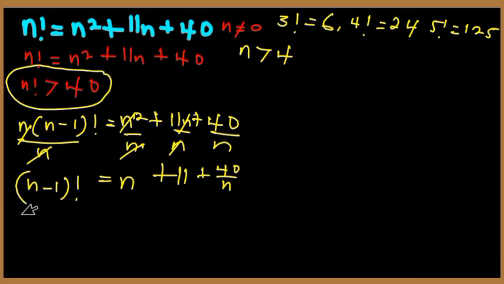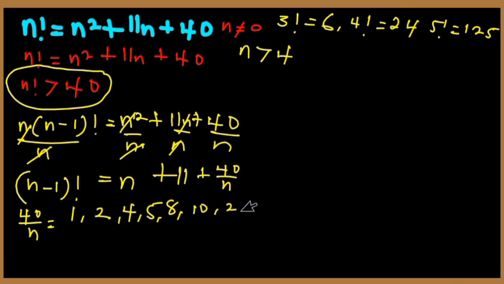So now let's take 40 divides n, and let's look for integers that can divide 40. So we have 1, 2, we have 4, 5. These are numbers that can divide 40. Integers, we have 8, we have 10, 20, 40, and so on and so forth.